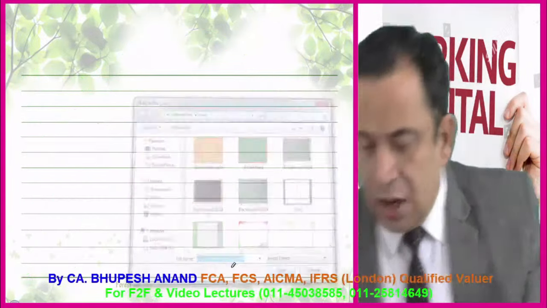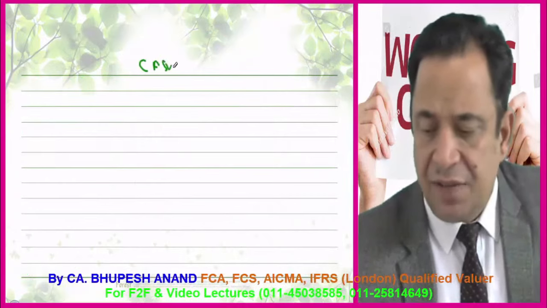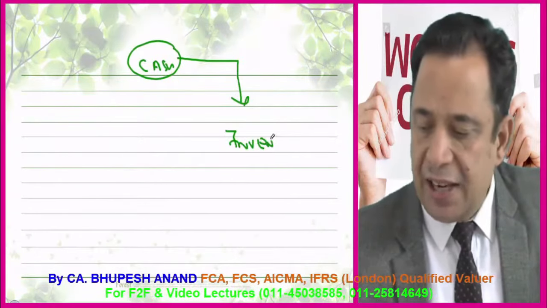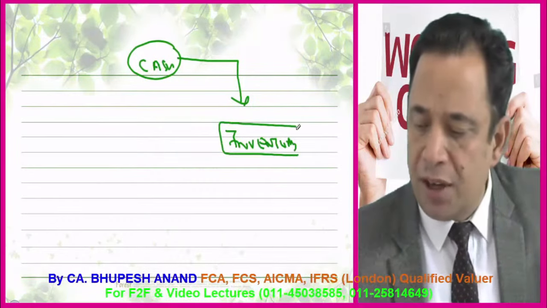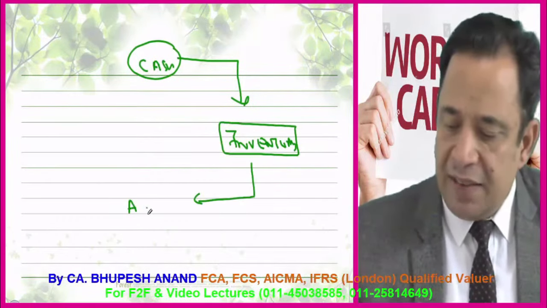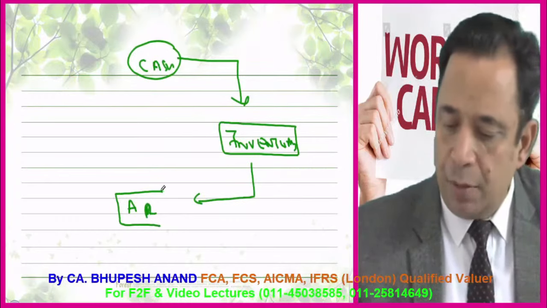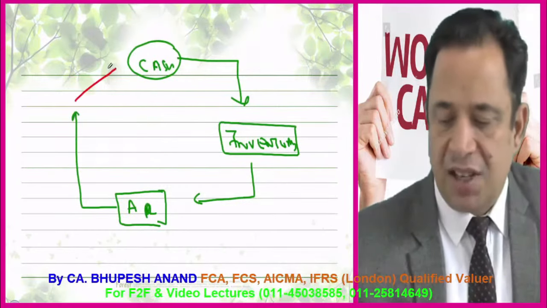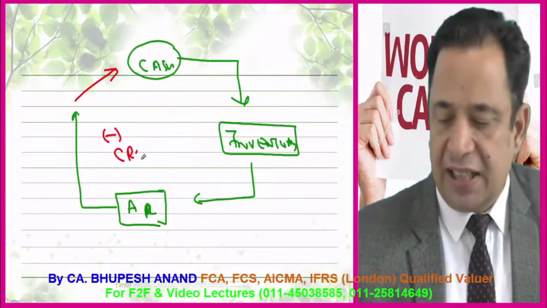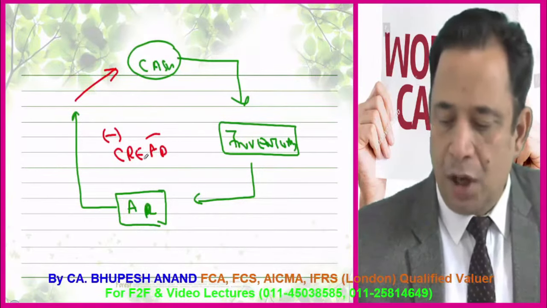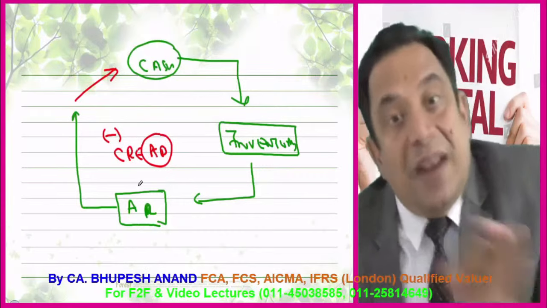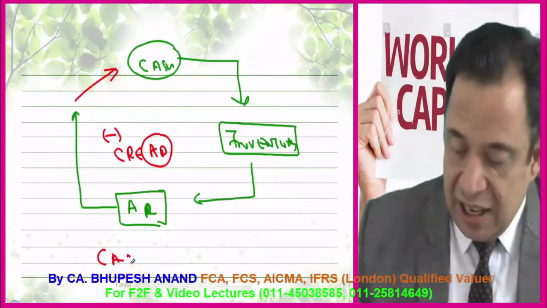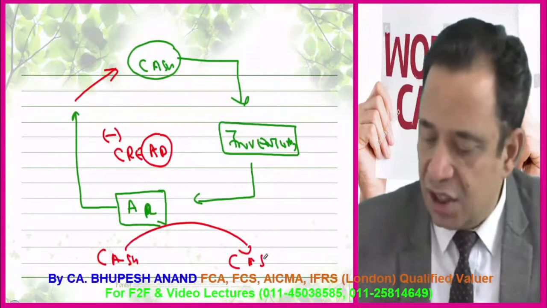We can also discuss it like this: firstly we have cash, we have purchased inventory for that, and it took some time to convert inventory into finished goods and then to sell it, and then we have converted it into accounts receivable, and then we have received the cash. But I deduct the creditors, the average payable, because we have received some credit also. So the cash conversion cycle is converting cash to cash.